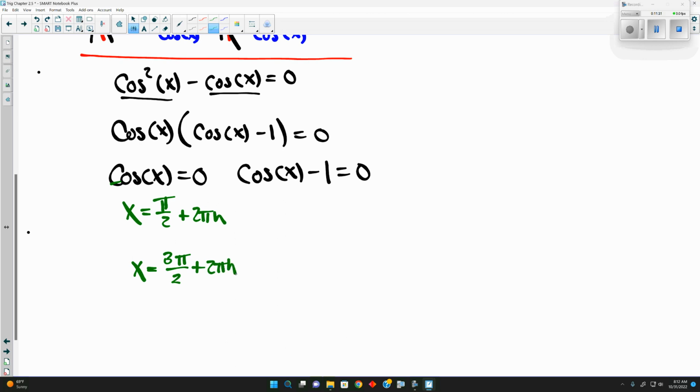Does it ask for all the solutions? We have to add the 2 pi in. But again, since these are pi units away from each other, we could just rewrite it as pi over 2 plus pi n instead of writing it as two statements.